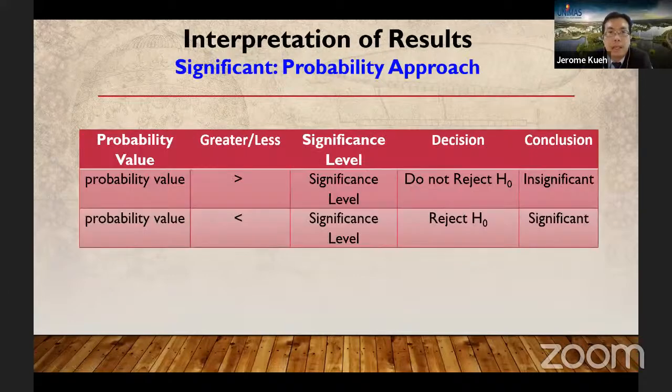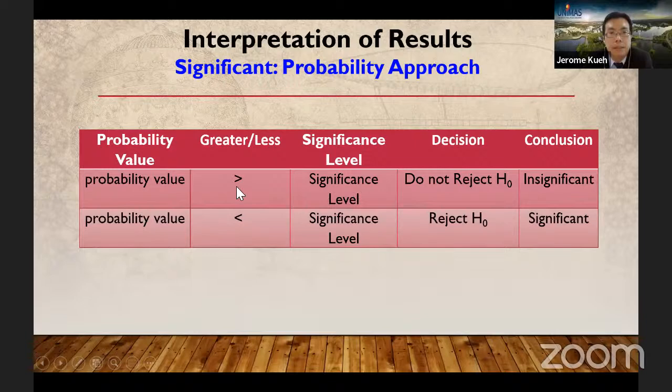And to determine the decision rules, it will normally be based on either the probability approach or the statistical approach. This is the guideline that we can refer to. In the probability approach, we look at the probability value, whether it is greater or less than the significance level that we selected just now.